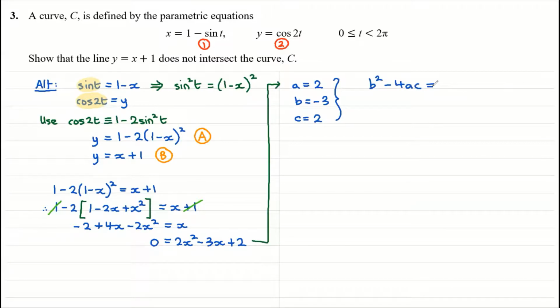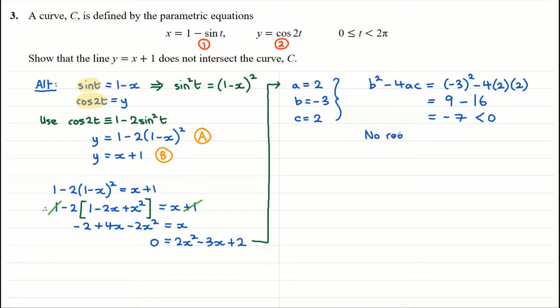Well, we get -3 all squared, subtract 4 lots of a and c, which is 2 times 2. So this is going to give me 9, subtract 4 times 4, which is 16, which is obviously negative, isn't it? So that's the difference between 9 subtract 16, which of course is -7, which is less than 0.